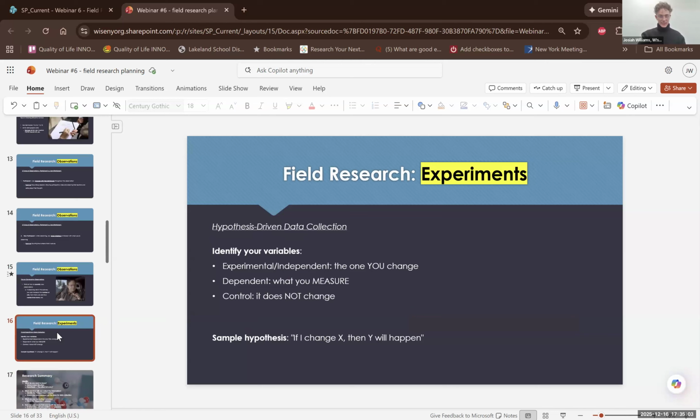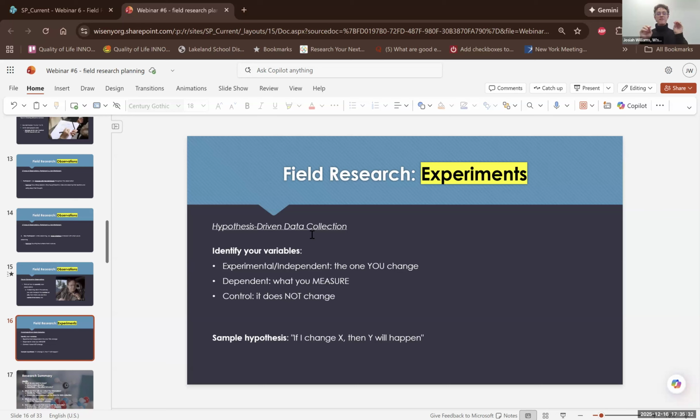And then lastly, the last type of field research that we have is hypothesis-driven experiments or data collection. And what's really important with this type of field research is to identify your variables. So in this type of field research, you are specifically testing how one variable affects another.